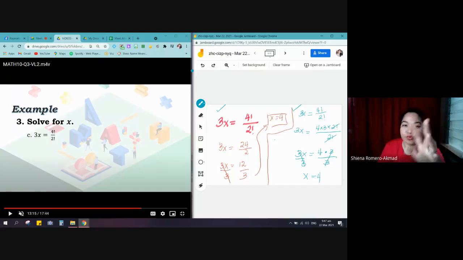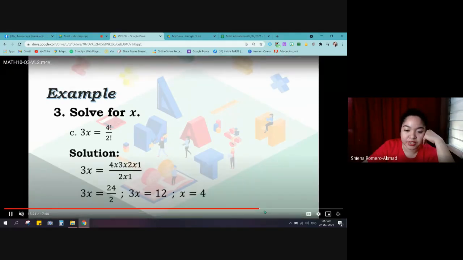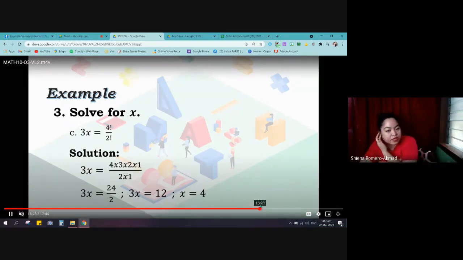Basta either of the two, kung saan kayo mas nadadalian, is it this way, getting the values, or pwede rin naman ganito? Okay. Next. And so we get x equals 4.